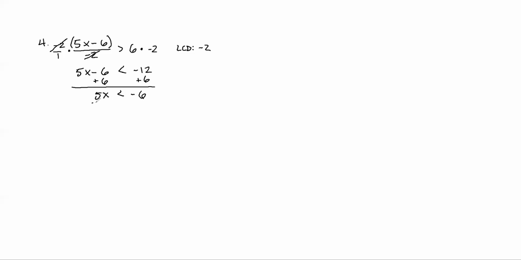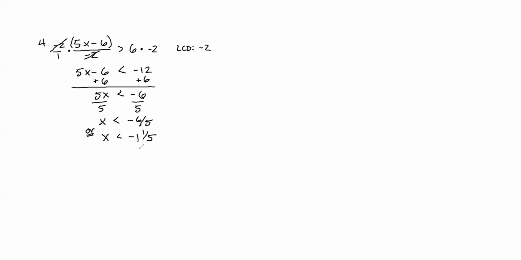And let's divide both sides by 5. And so we have x is less than, now for this one, you can leave it as negative 6/5. Or you could also rewrite this as a mixed number if you wanted, negative 1 and 1/5.